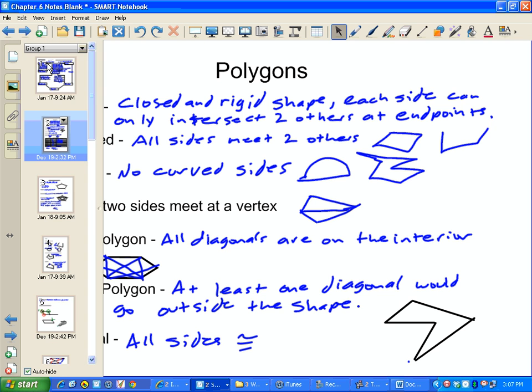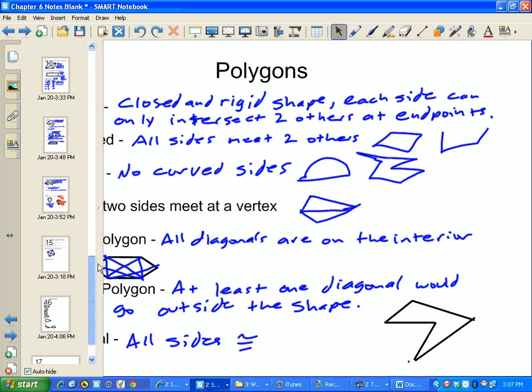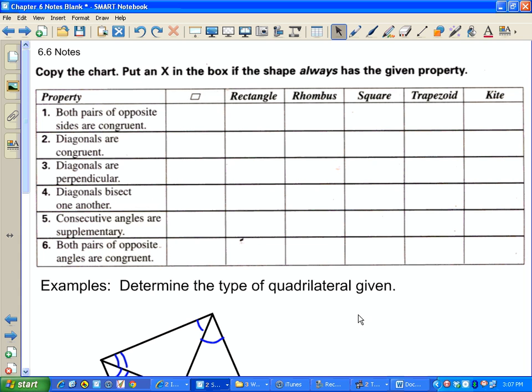The other thing that we're going to use is this table that we're going to fill in right now. We're going to put an X in the box if the shape always has the given property. So what shapes always have both pairs of opposite sides that are congruent? Well, parallelogram always has that, because that's one way to prove that something's a parallelogram.